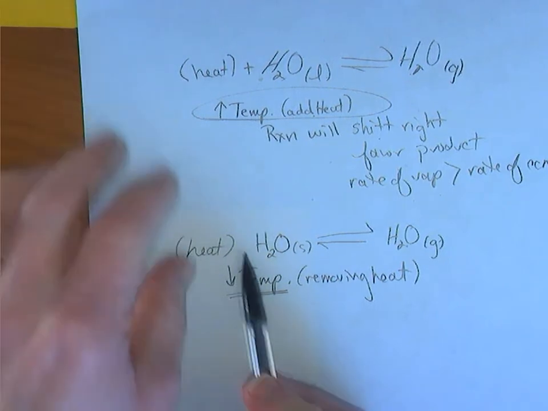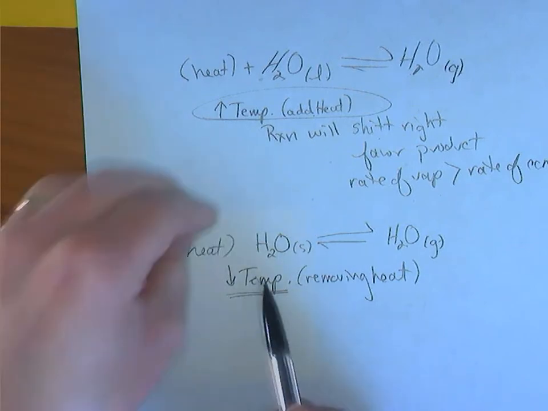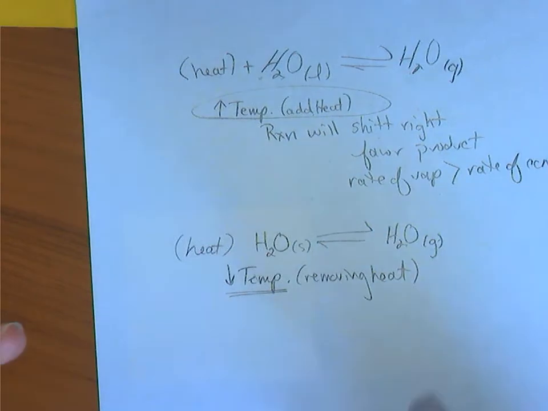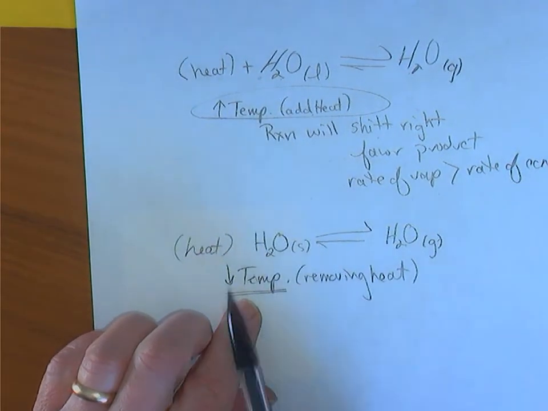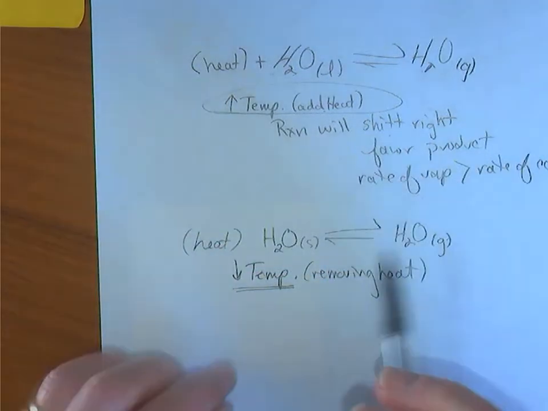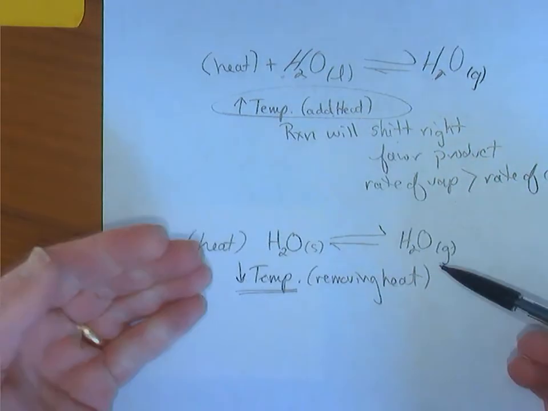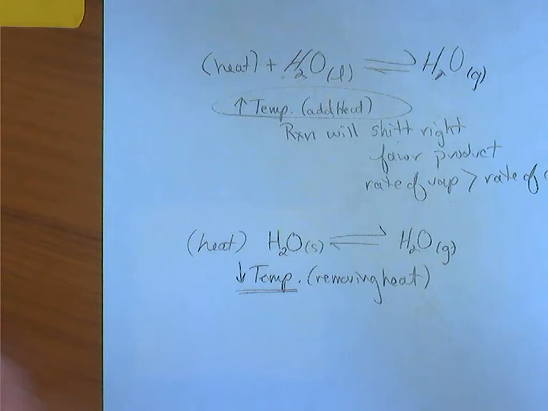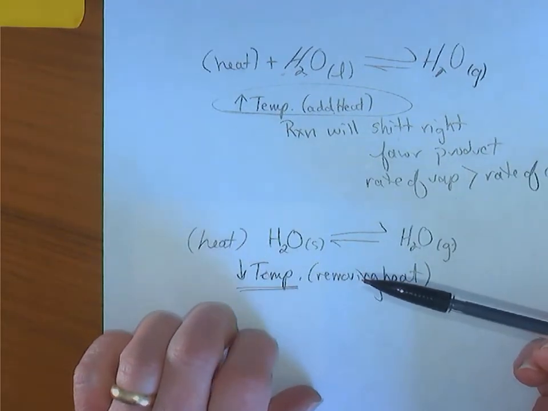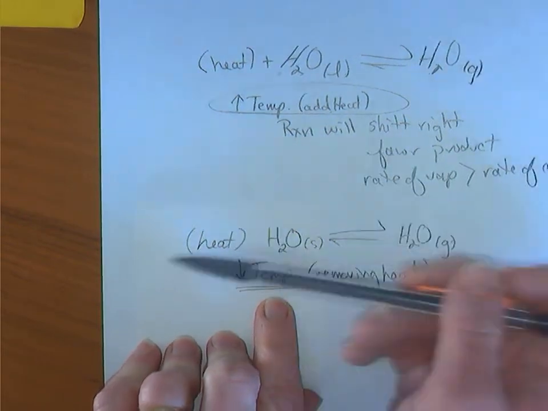We're removing reactant. So we know if we remove reactant, the reaction is going to shift in a direction to replace that. Or we could say, well, okay, if we have this imbalance and we decrease temperature, which phase change do we know we're going to encourage? We're going to encourage, if we're decreasing temperature, what would be the exothermic direction.